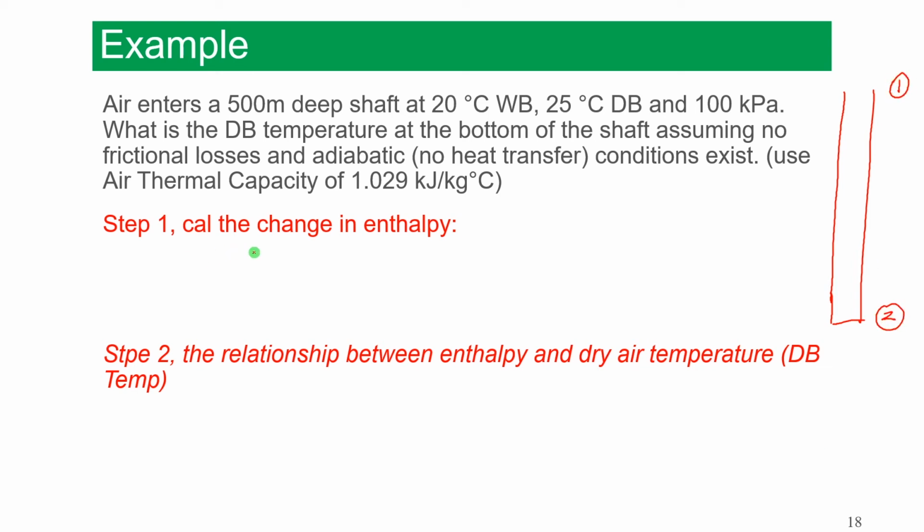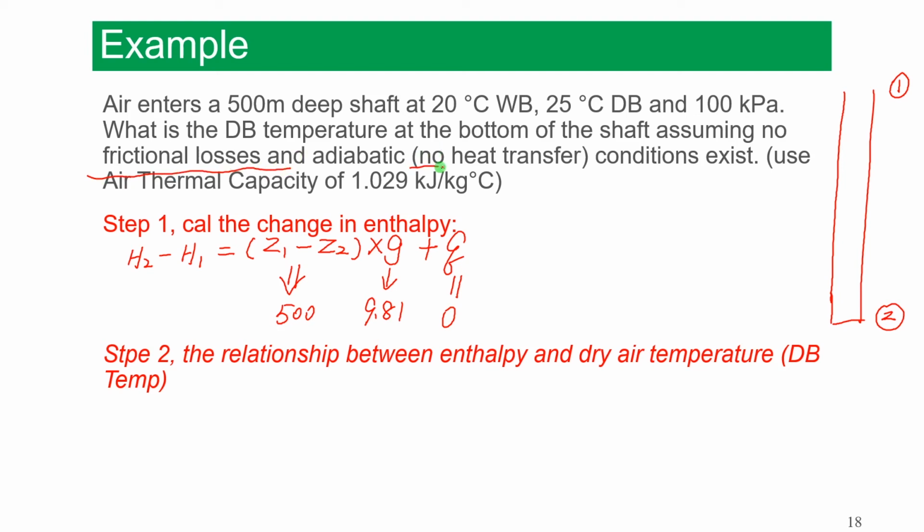To calculate the change in enthalpy, H2 minus H1 equals Z1 minus Z2 times gravity plus Q. In this question, Z1 minus Z2 is 500 meters, and g is 9.81, and Q is 0 because there's no frictional losses and no heat transfer.